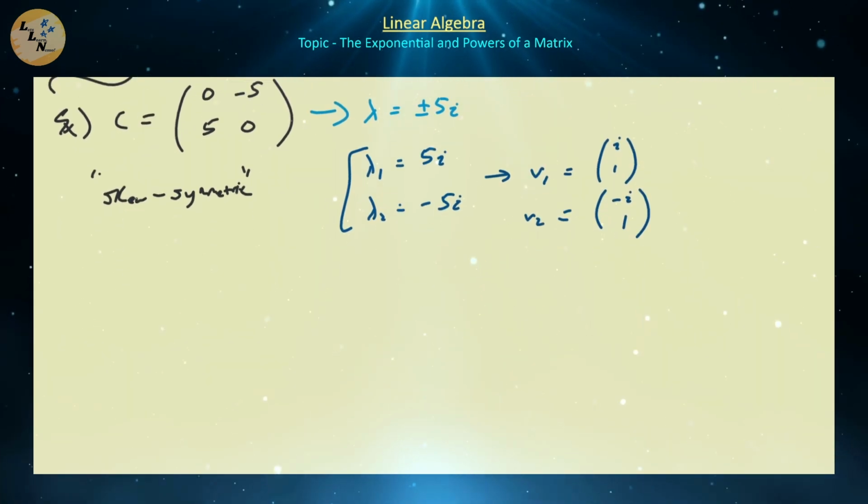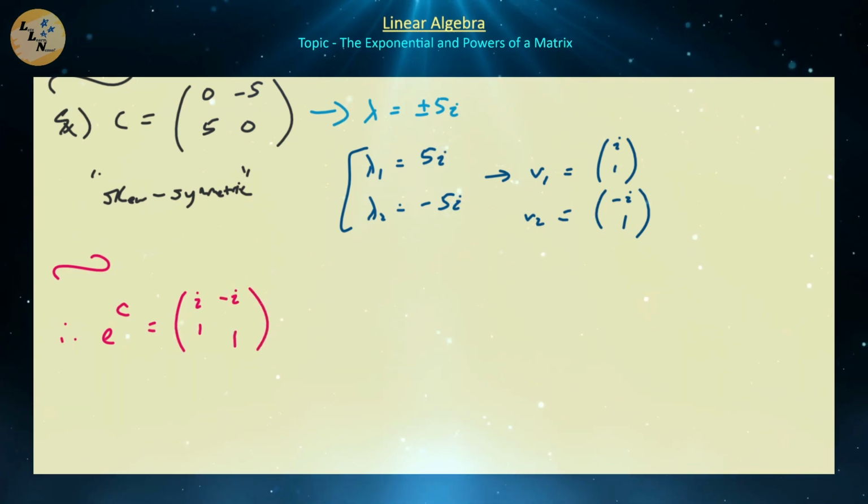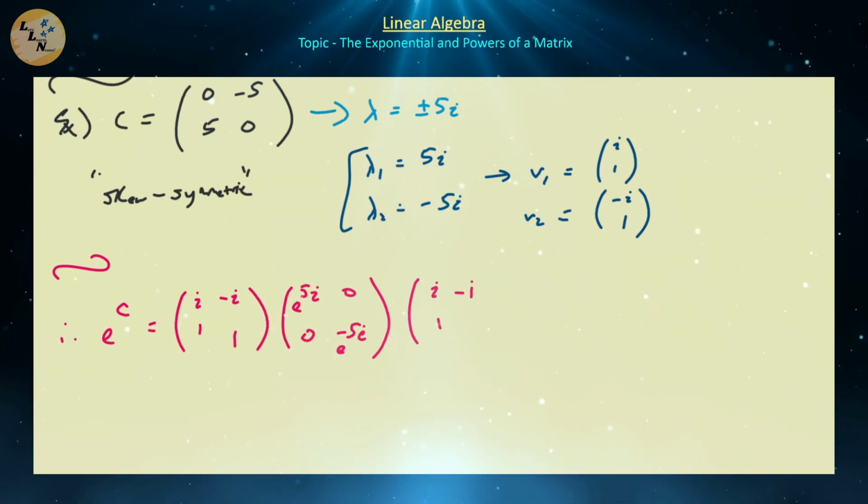So what would be the exponential of this matrix C? e to the C is going to be equal to our eigenvectors, times our eigenvalues, 5i, 0, 0, minus 5i, but then we need to exponentiate them, don't forget that. And then we're going to have the inverse of that eigenvector matrix.